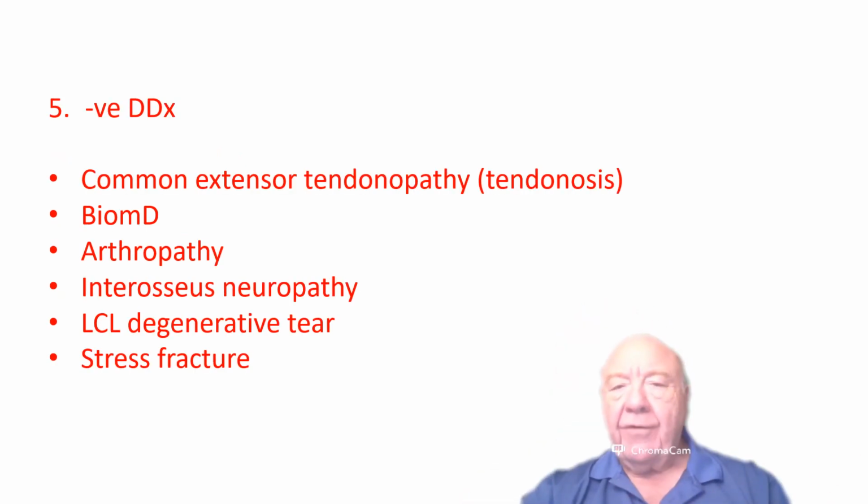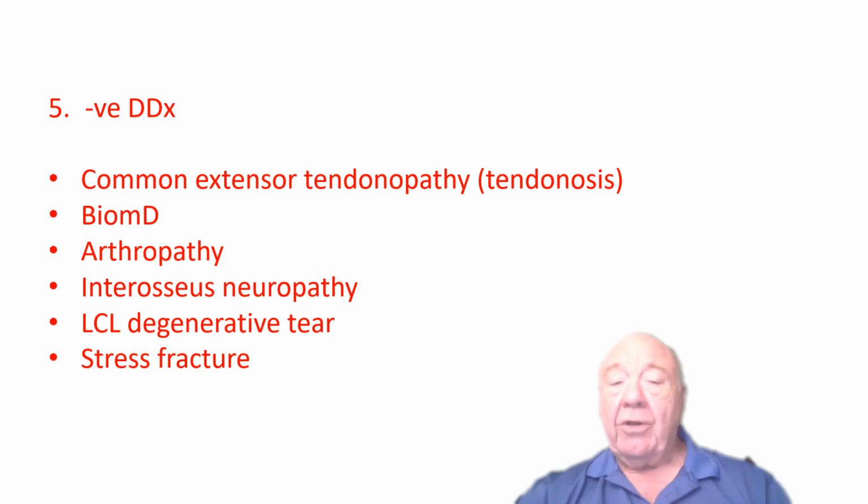So negative differential diagnosis. Now you've already seen this list earlier, but again I would list my differentials this way. And then we'll look to see what tests we can do and what the negative test would suggest for that particular differential. In fact, the more sensitive the test is, the better it is for this.